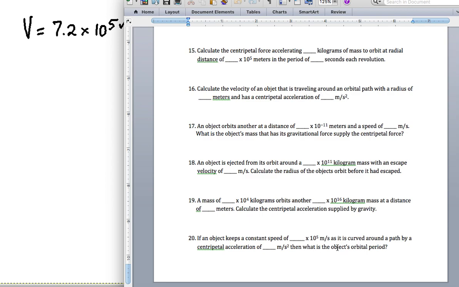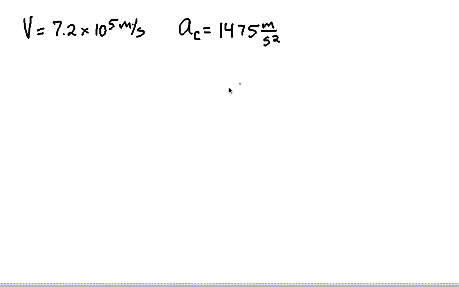What is the object's orbital period? So we want to know what T is equal to. All right, so what formulas do we have? There's a couple of them with T in it. There's a really brutal one, which I don't think we're going to need for this one.